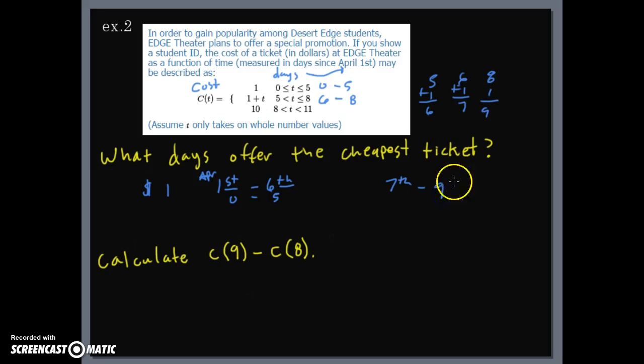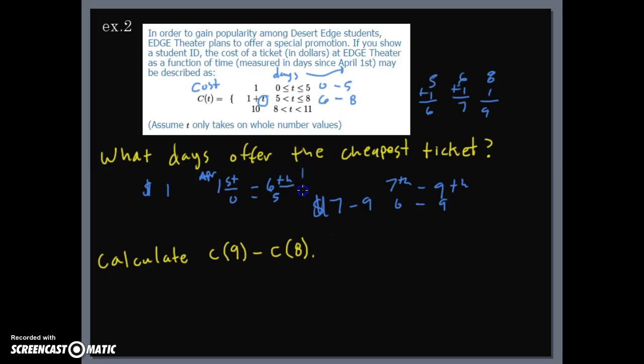So from the 7th to the 9th, or 6 days from to 8 days from, the cost is going to be, because we've got a variable here, we're going to input the 6, so 6 plus 1 would be 7. So if we go on the 7th, it's going to cost us $7. If we go on the 9th, which is 8 days from, 8 plus 1 is 9, it's going to cost us $9. So the cost here is between 7 and 9.